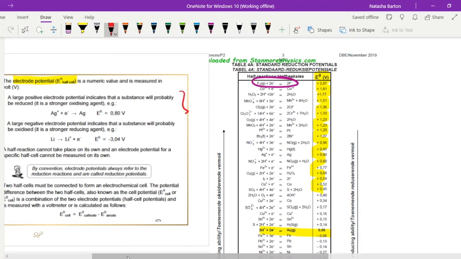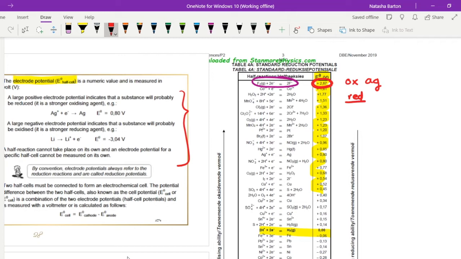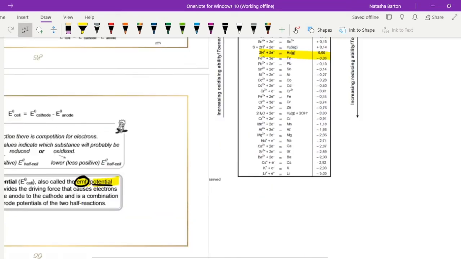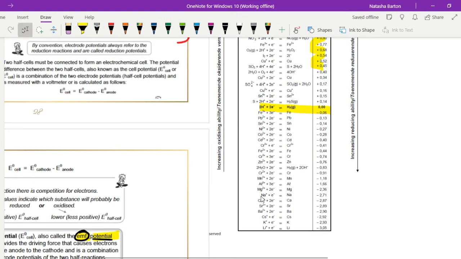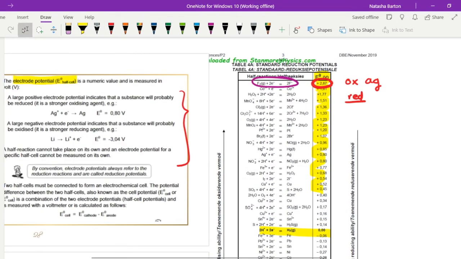All of this basically explains trends. If you have a high positive value, then you know that half cell will act as a good oxidizing agent. The substance will most likely be reduced. If you go down, you're going to have a substance that will act as a good reducing agent and will therefore be oxidized. That is according to the trends over here.